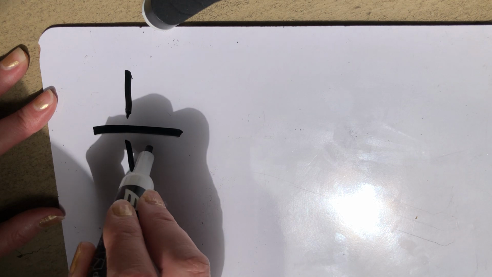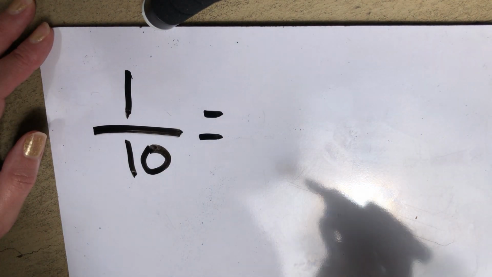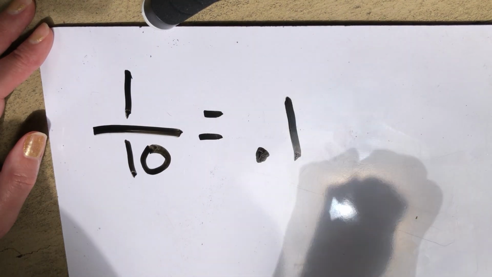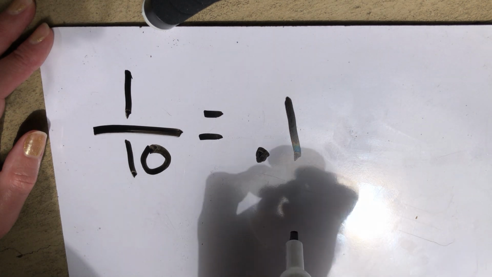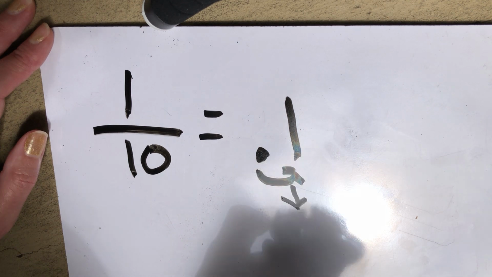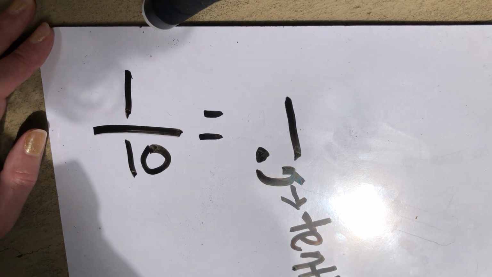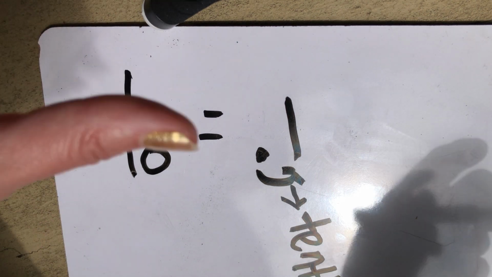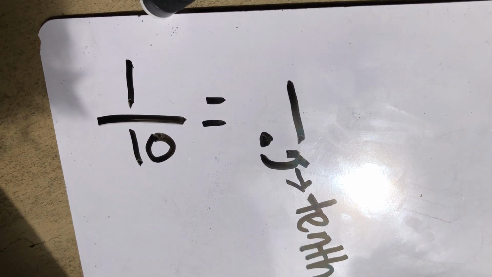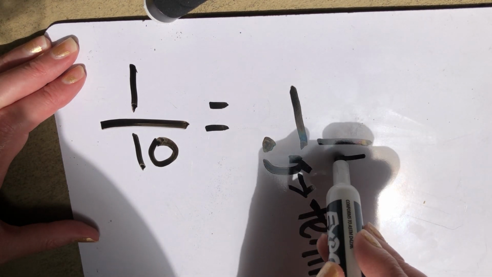If we have 1/10, what would that be as a decimal? This would be 0.1, wouldn't it? Because to the right of the decimal, this is the what place? The tenths. And then right here would be the hundredths.